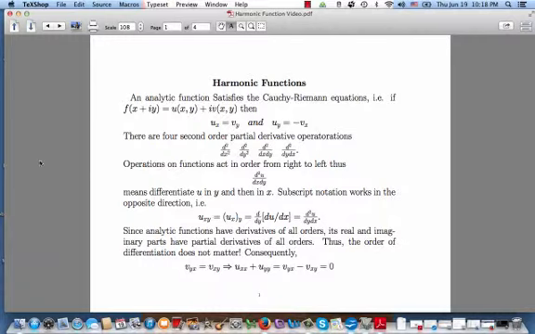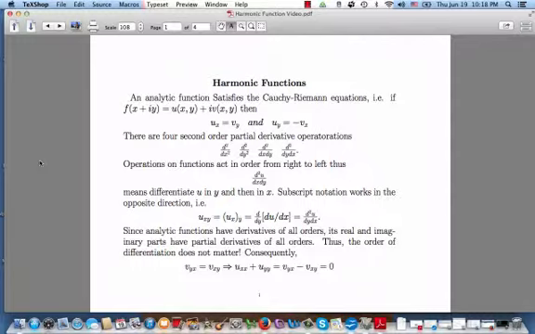And that's actually the definition of what it means to be a harmonic function. And we use shorthand, this triangle or delta, Greek letter delta, as the Laplacian operator. So when you see that in front of a function, it just means compute the second derivative in x and the second derivative in y, take those two functions and add them together, and that's your function, delta g in this case.